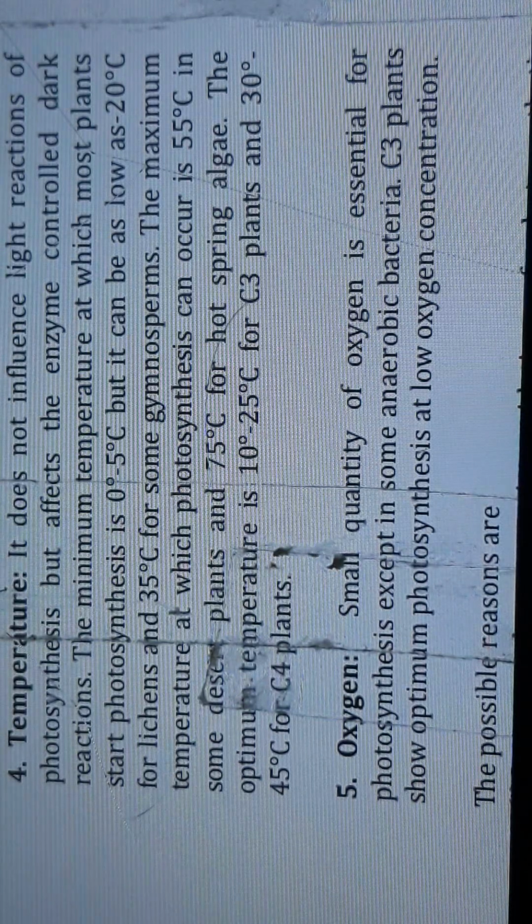The maximum temperature at which photosynthesis can occur is 55 degrees centigrade in some desert plants and 75 degrees centigrade for hot spring algae. The optimum temperature is 10 to 25 degrees for C3 plants and 30 to 45 degrees centigrade for C4 plants.